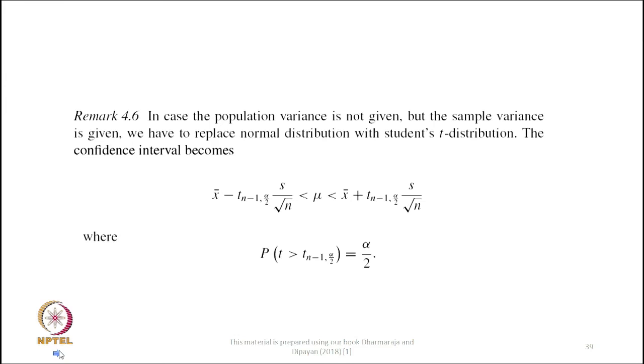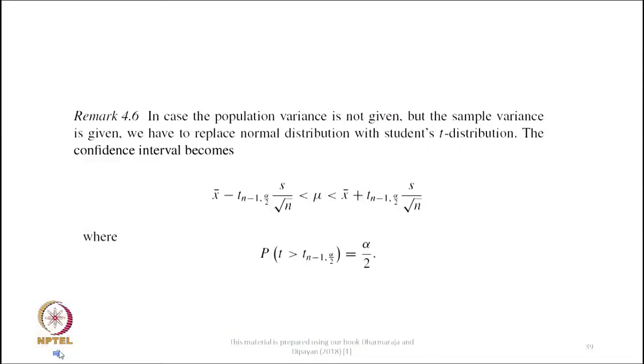That means you have to identify another statistic which can replace the population standard deviation by the corresponding estimator. And you know the sample variance is the estimator for the population variance. So, whenever the population variance is unknown, you can use sample variance as the estimator for the population variance.